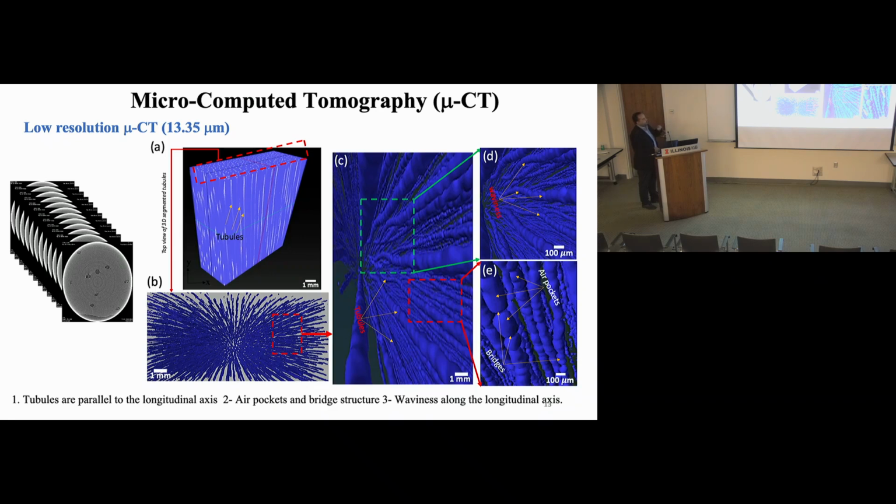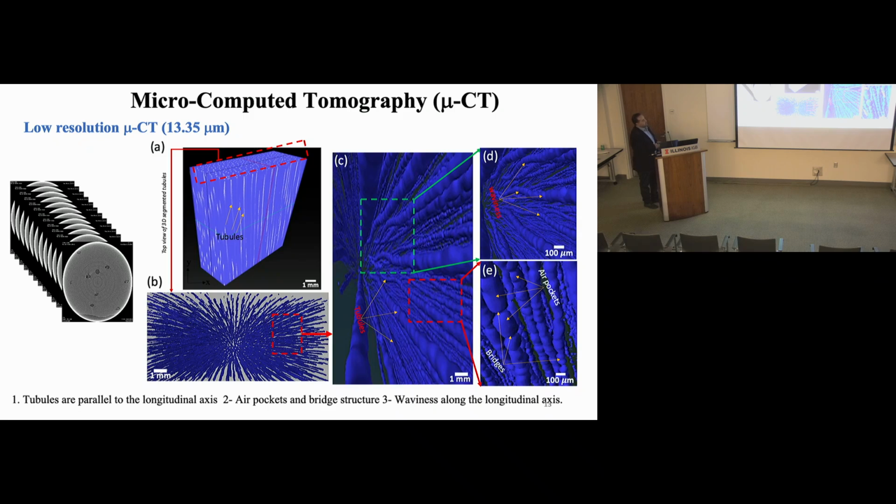One of them was lower resolution, which is larger thickness, around 13.35. We did this work here in the core using the micro CT scan. For those maybe not familiar with the CT scan, these are the axial cuts, the raw images we get from the CT scan. Then here we reconstruct those images in 3D using Amira software or any other software. In this work, we used Amira software.